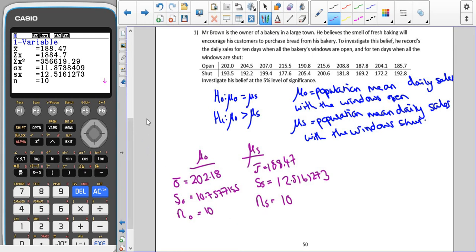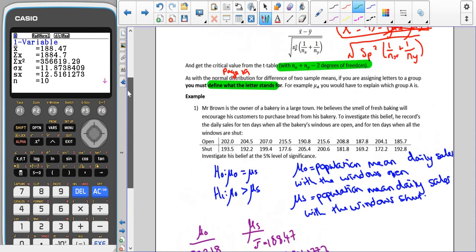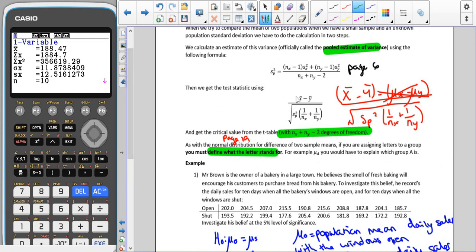So now we need to use our formulas. If I just scroll up a bit, because this formula here contains Sp squared, which we find using this formula here, we're going to use this one first.